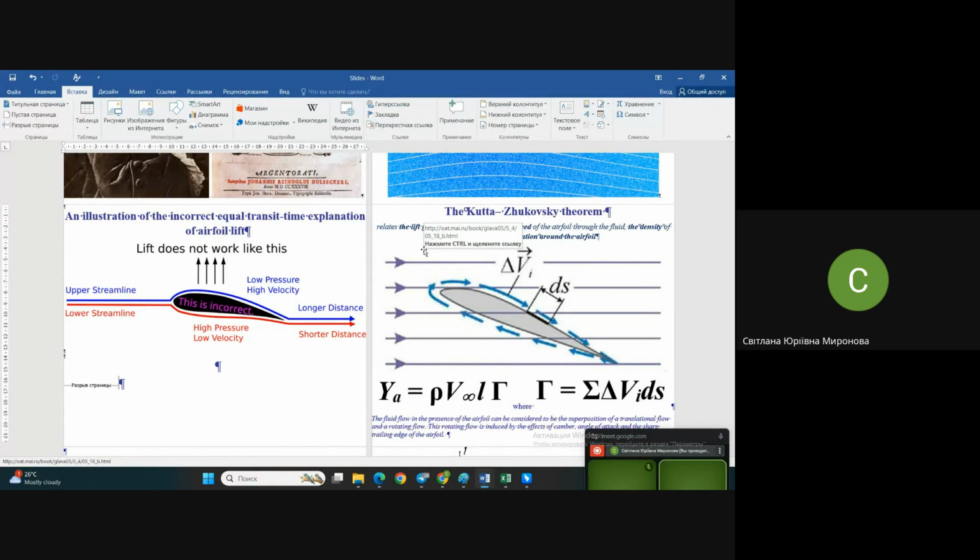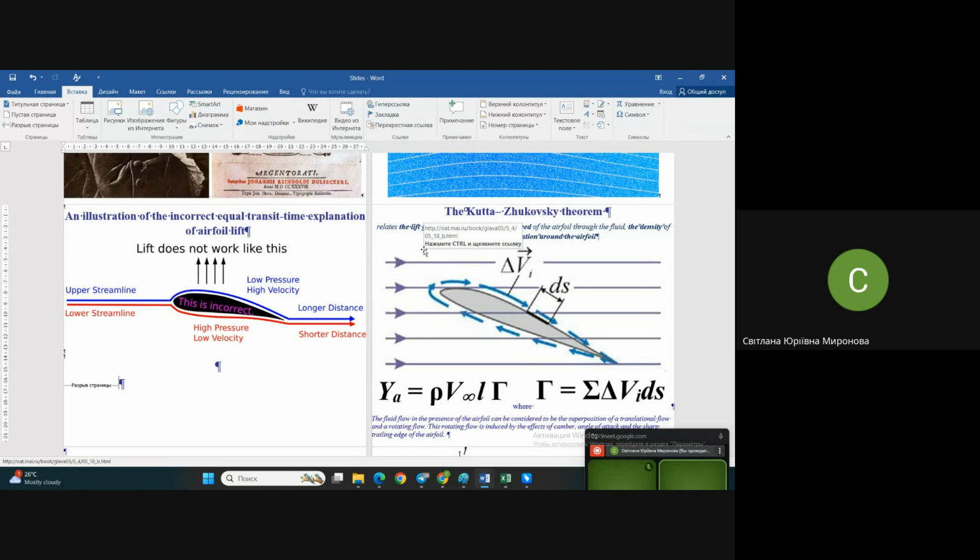Components may vary in value, but the general amount of energy is the same. And that is also an explanation of the appearance of lift on the airfoil.